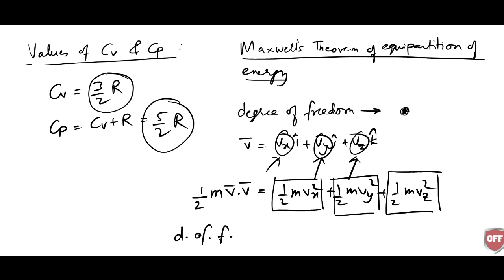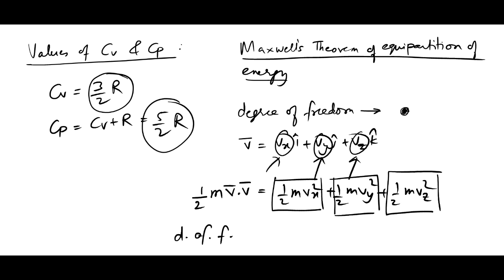So the degree of freedom of a helium molecule is 3, because there are 3 independent ways in which the helium molecule can possess energy. Similarly, the degree of freedom of a neon molecule, which is the same of course as a neon atom, is once again 3, because of the presence of exactly 3 independent contributors to the total energy of the molecule.